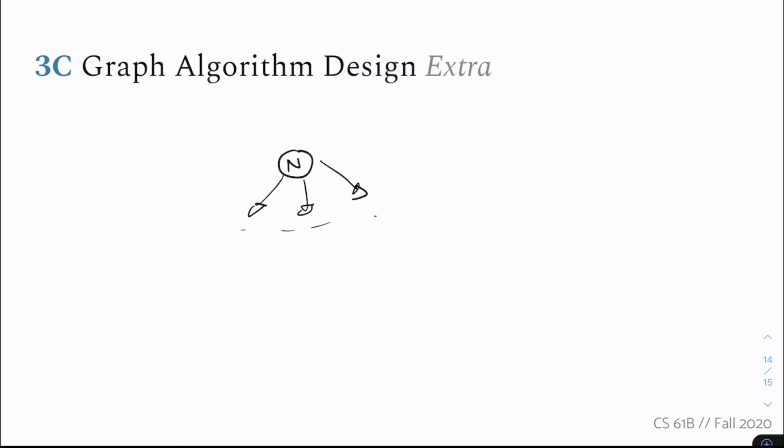We'll keep going until we somehow get back to our node. Since we're going by breadth first search, we'll look at all the nodes that are 1 away, all the nodes that are 2 away, and so on until we find ourselves again. And then however far this path is will be the distance from this node to itself.